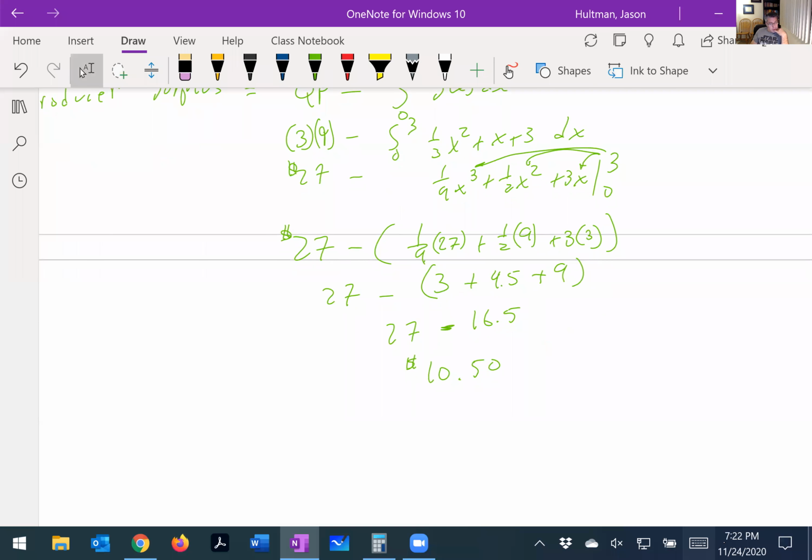And that's the total. We'll say this is the profit on the 3 books.